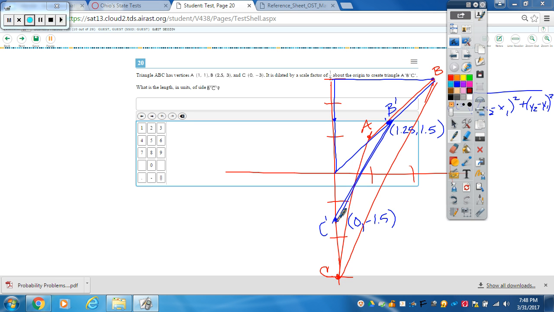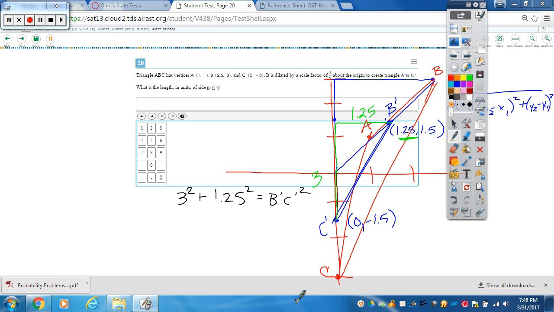If I just do this, 1.5 to there, maybe I should use a different color. Try this one. 1.5 to there, and then this is up another 1.5. So this is just up 3. And I'm going to go over, well, we already knew that, 1.25. And so from there, if I work this out, we have 3 squared plus 1.25 squared will equal B prime to C prime squared.